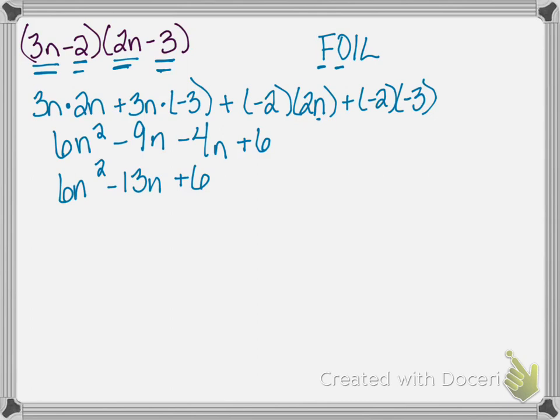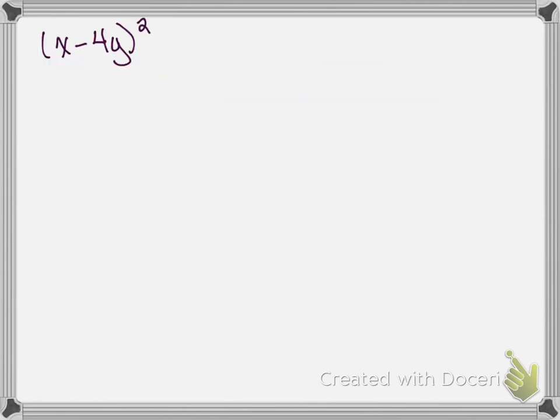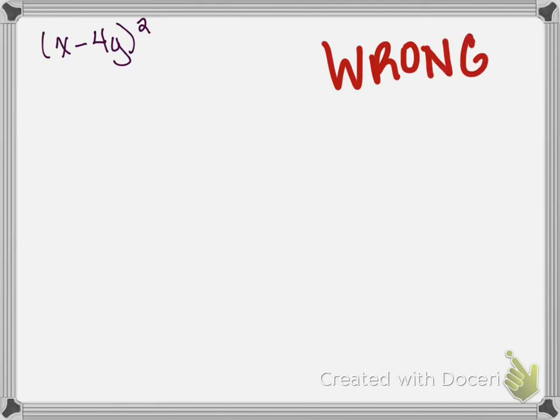Now, our next one, we are squaring. We've got x minus 4y squared. Now, the wrong way to do this, and I see it all the time, students will say x squared minus 16y squared.